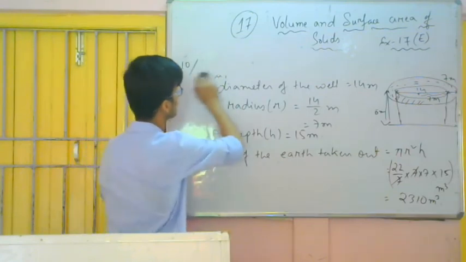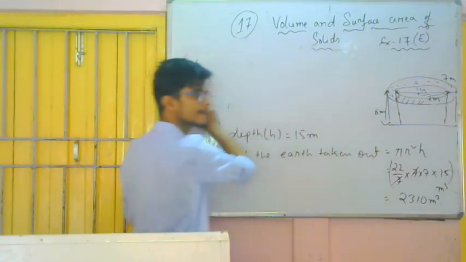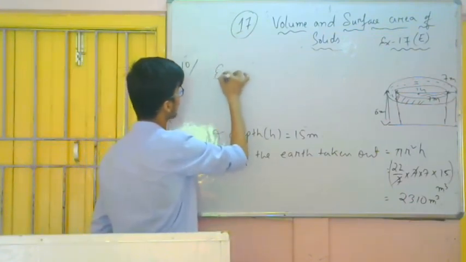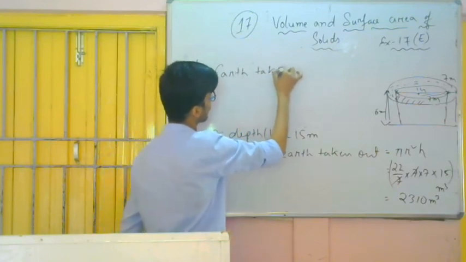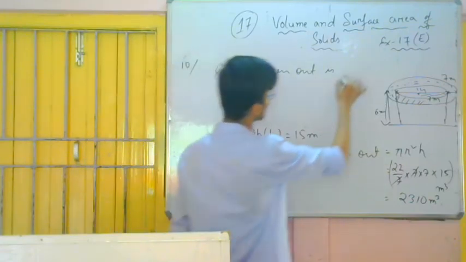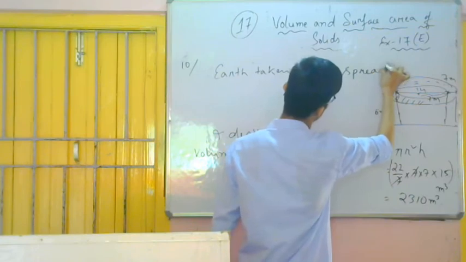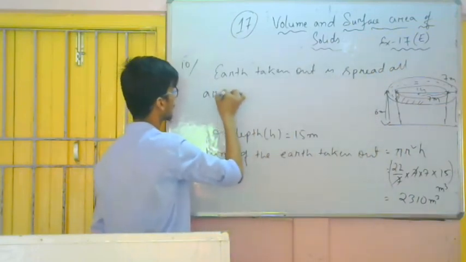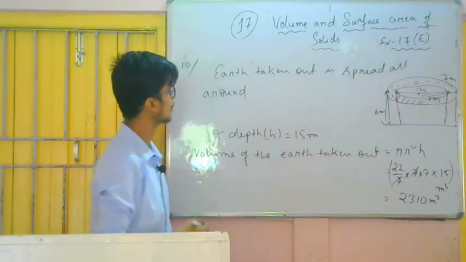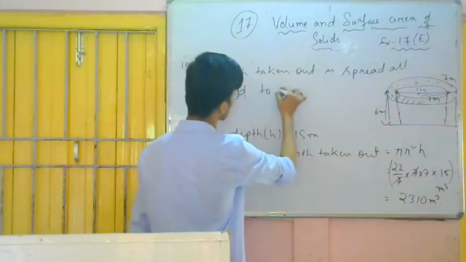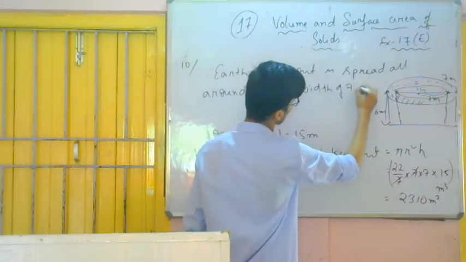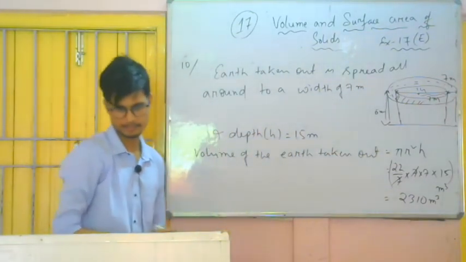So you write, since earth taken out is spread all around to a width of 7 meter, to a width of 7 meter.